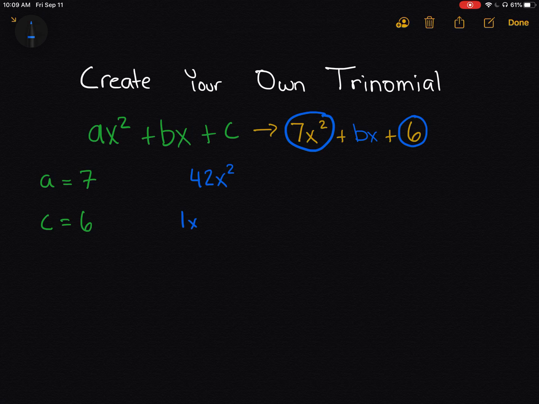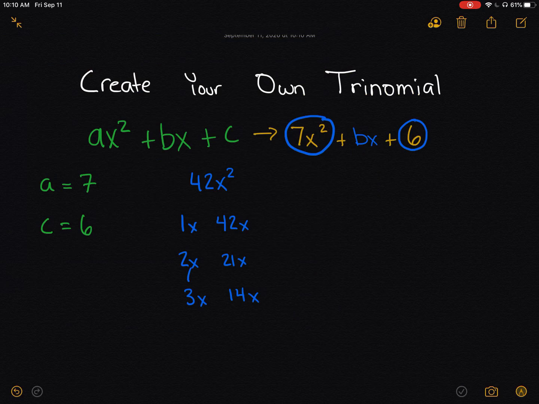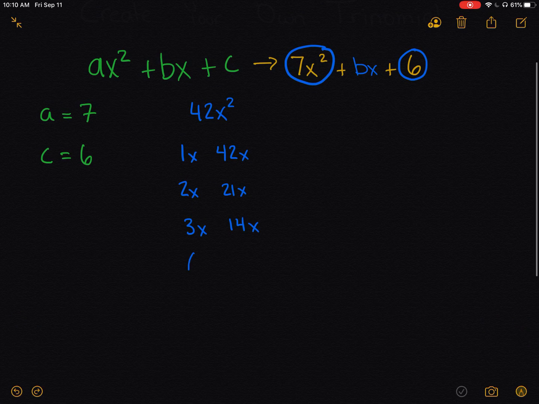So we have 1x and 42x, 2x and 21x, 3x and 14x, and 6x and 7x. So again, since b has not been defined and you're creating the problem, all you have to do is choose a pair of these factors and add them together.